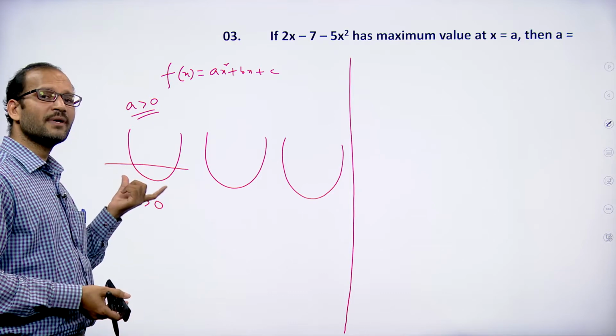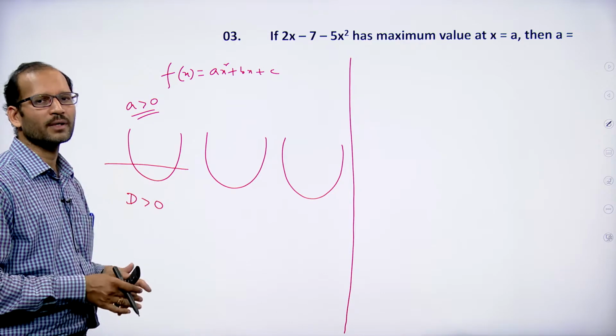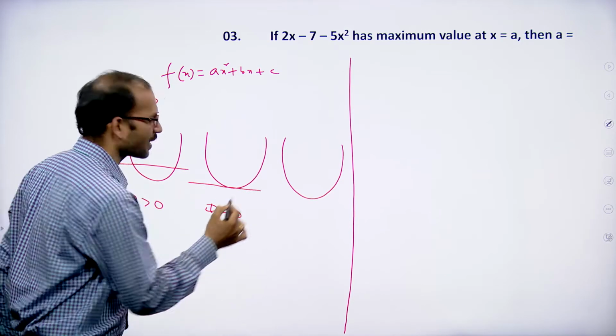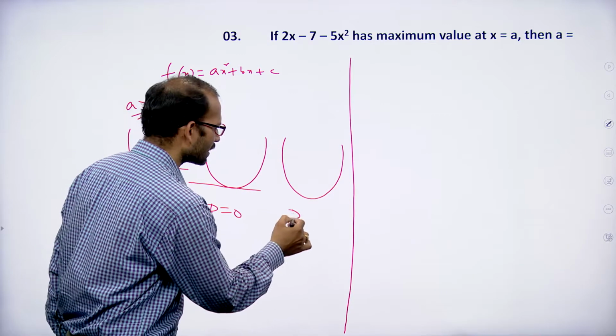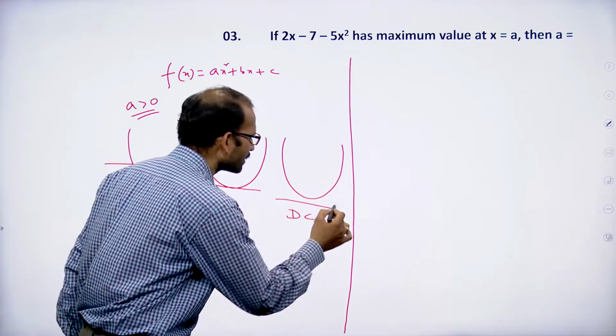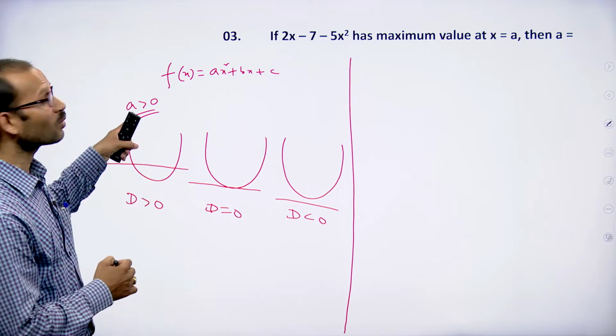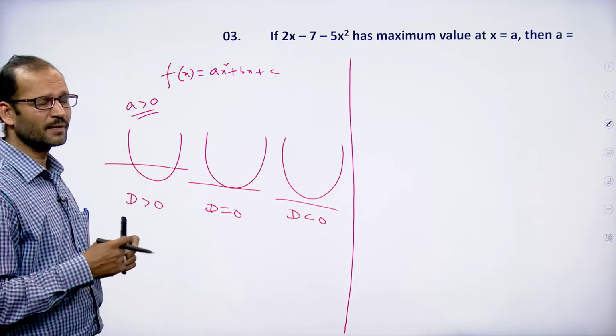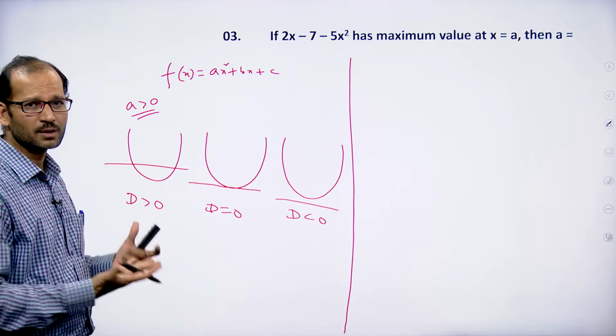Discriminant equal to 0 means it touches the x-axis. Discriminant less than 0 means there are no real roots, so it will not touch the x-axis. This is case 1, when the coefficient of x square is greater than 0, that is a is positive, and the graph opens upwards.